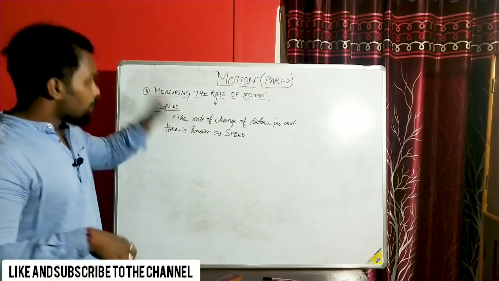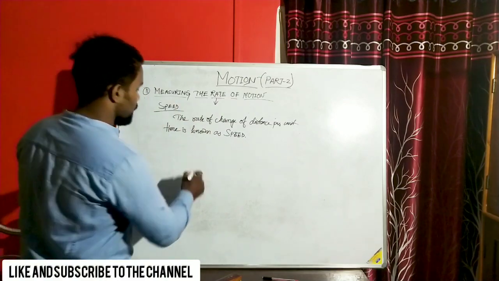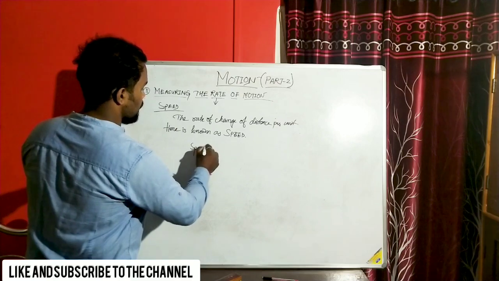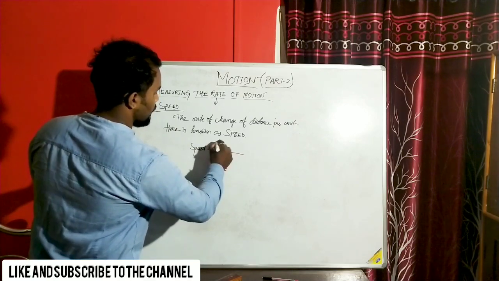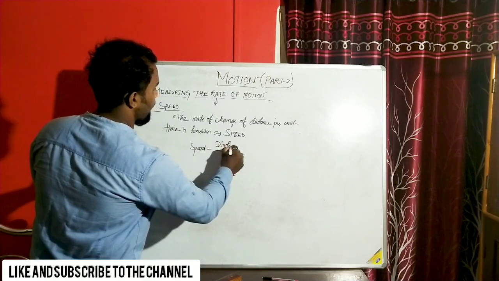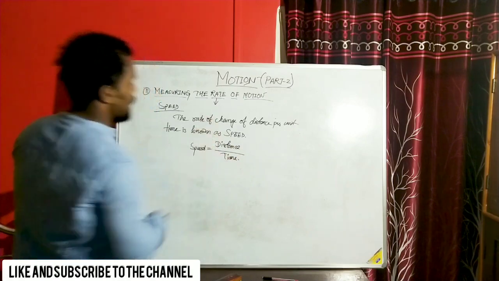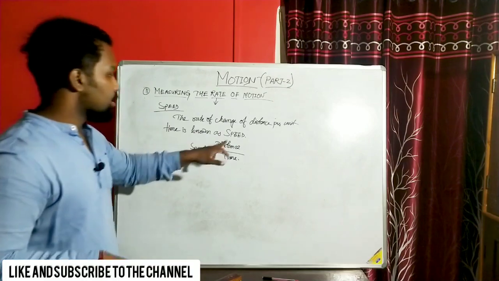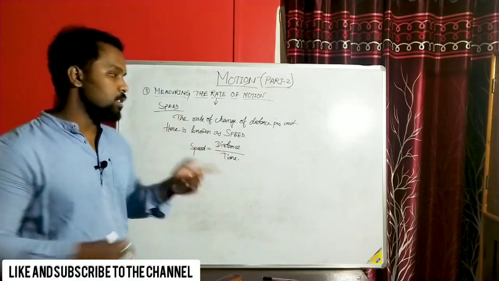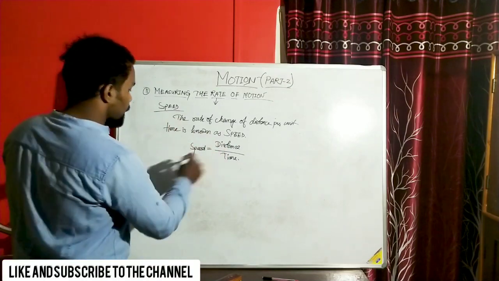Understood? Mathematically we can express speed as distance per unit time.